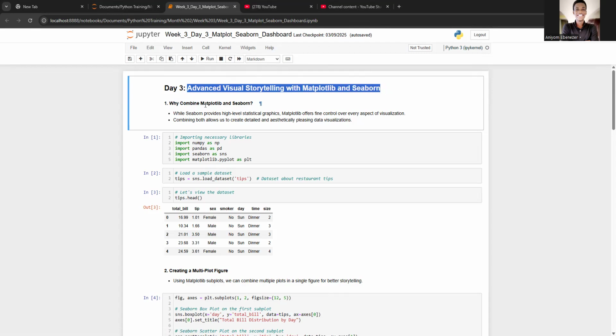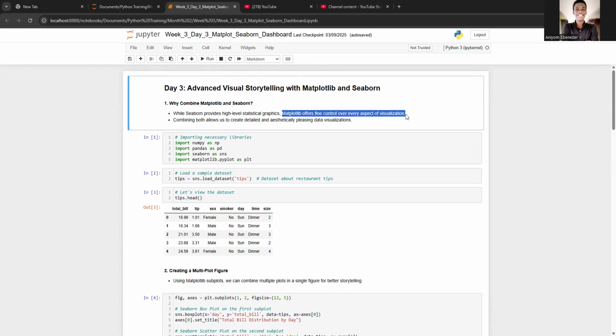So why combine Matplotlib and Seaborn? While Seaborn provides high-level statistical graphics, Matplotlib offers fine control over several aspects of the visualization. Remember, we talked about how Matplotlib differs from Seaborn, right?